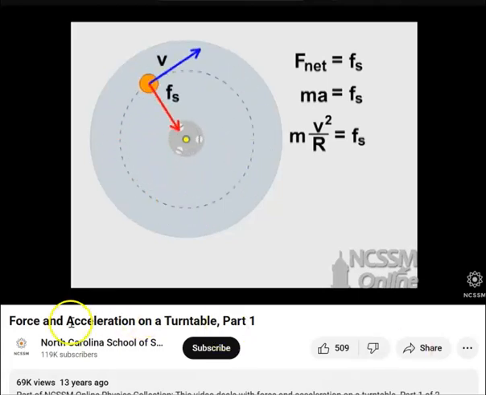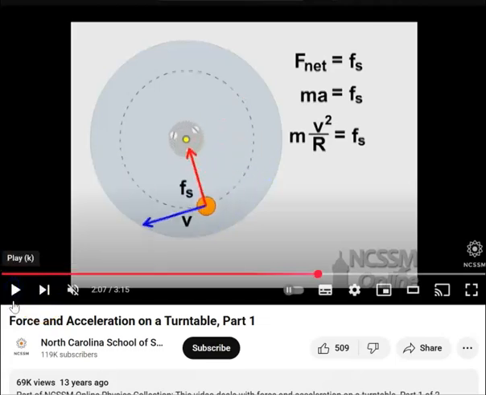Let me just stop it there for a second. He's speeding it up. The centripetal force is making sure that it stays on the turntable, because it's pulling it in, it's creating that acceleration. That means it's not going off at a tangent, it's staying in a circle.